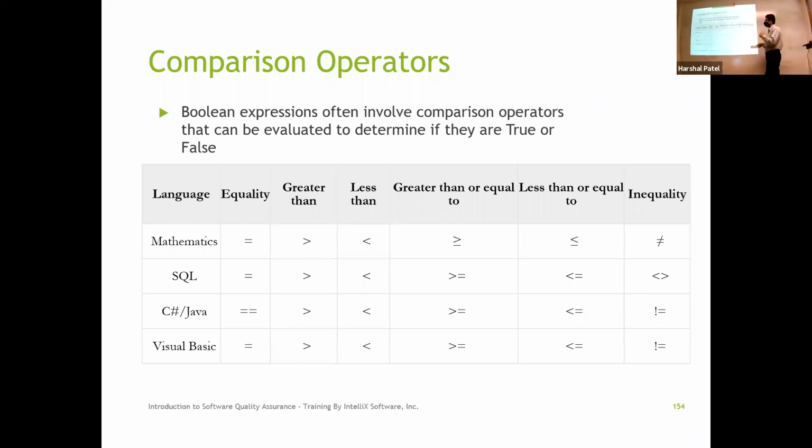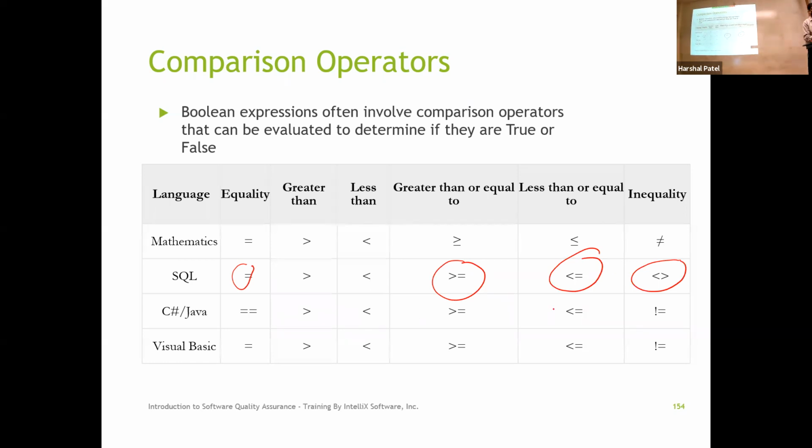The most commonly used comparison operators are greater than, less than, greater than or equal to, less than or equal to, inequality, as well as equal to. So you start with equality: if the left-hand side is equal to the right-hand side, then it will check that. It also checks if it is greater than or equal to, less than or equal to, or not equal to.